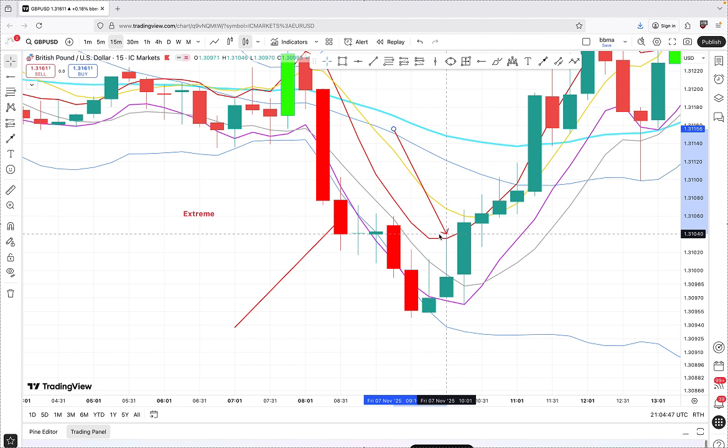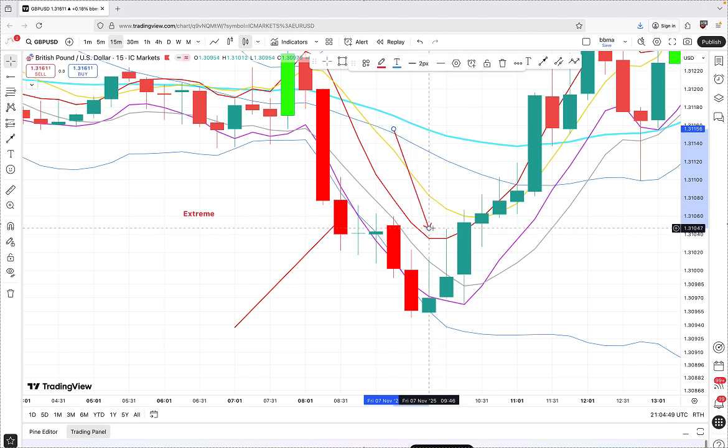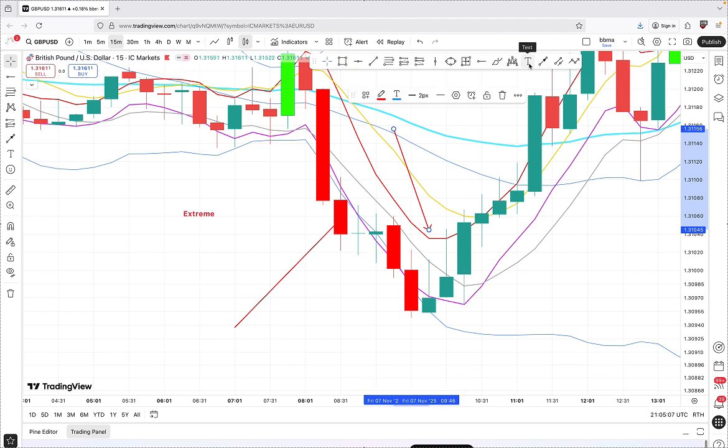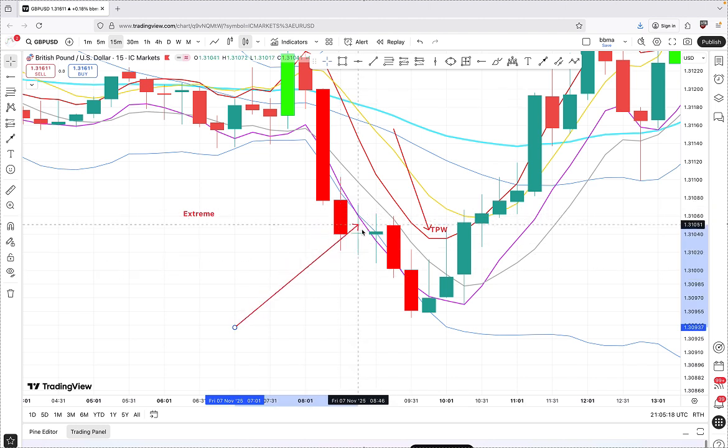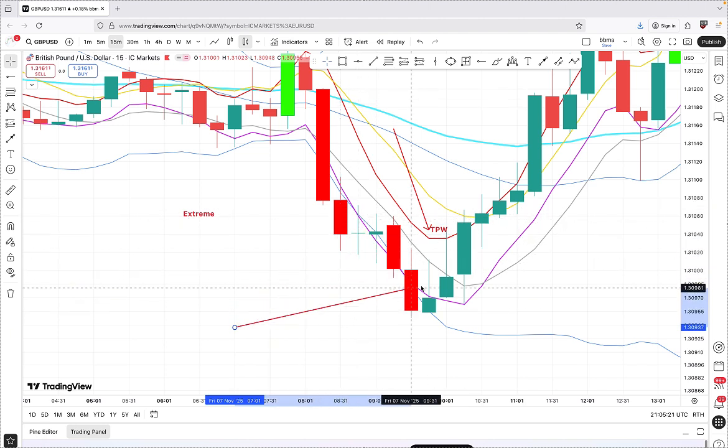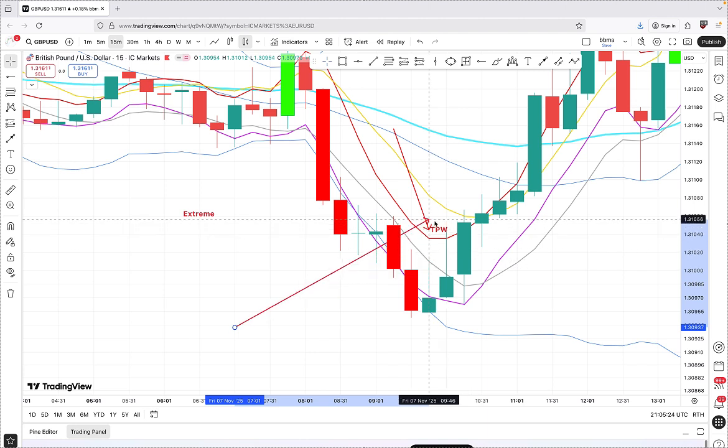It's not really clear, but if you see one candle and another candle, you need to go one by one candle, which is really important. TPW is this one. So after this extreme, whenever the market approaches this MA510 high, this area is our TPW.